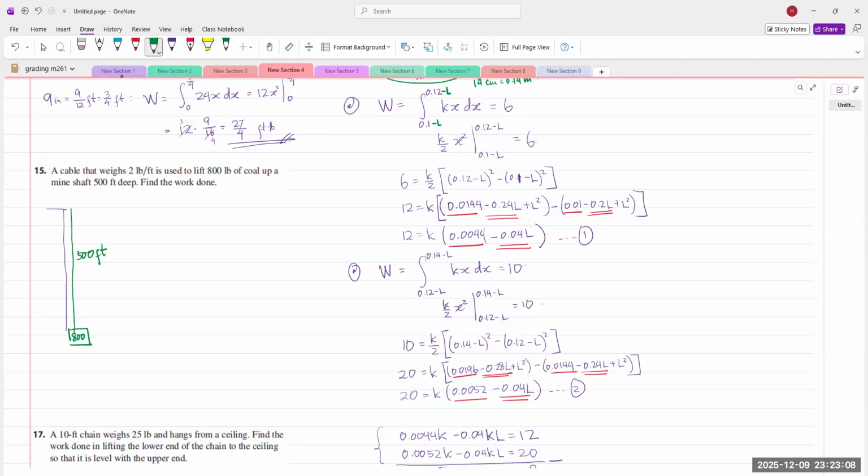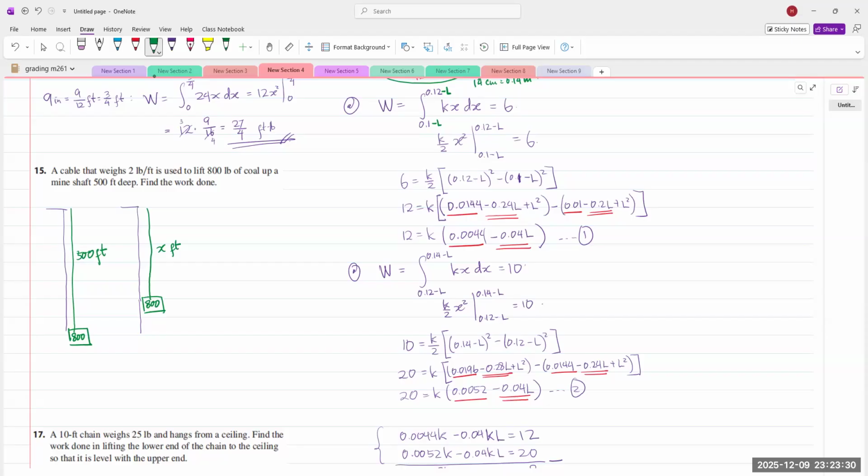You want to see how much work is done. You need to think this way. Suppose the cable is now only X feet down.